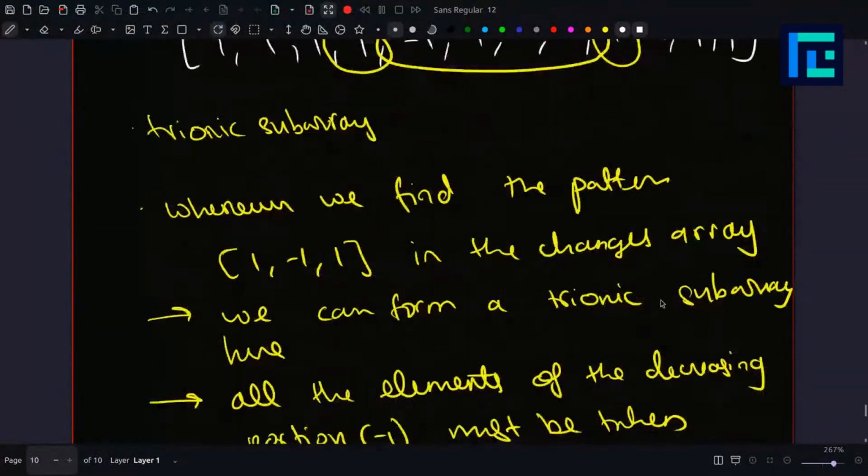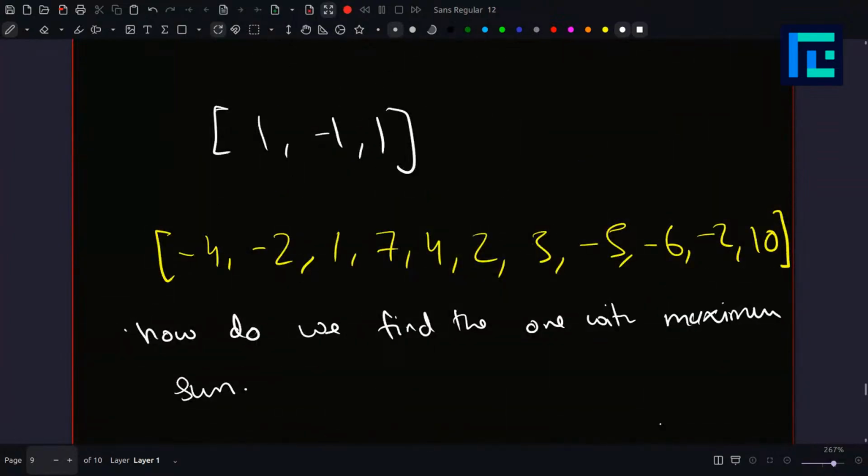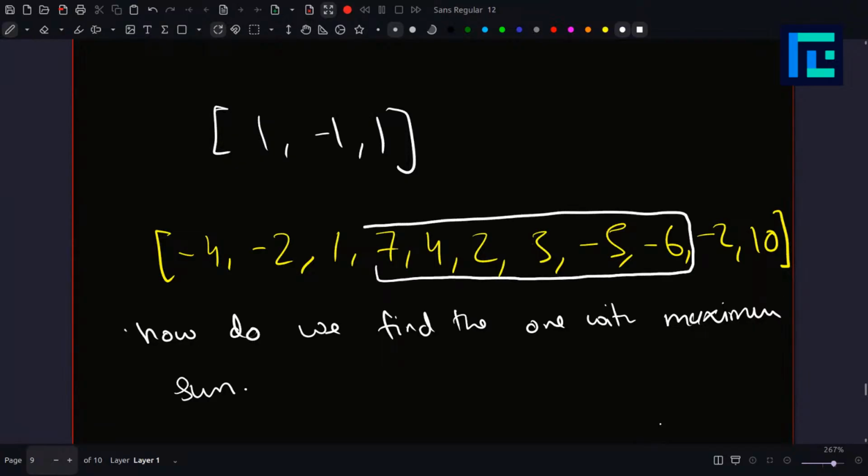So let's go back to this example here, which has a decreasing portion. The decreasing portion is 7, 4, 2, 3, -5, 6. All these elements must be added to the sum. Now the increasing portion will extend until it's required. 1 and 7 is increasing, so we'll extend here.